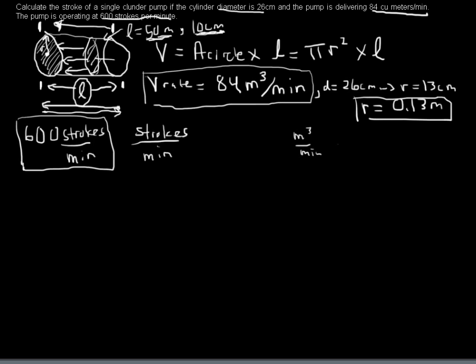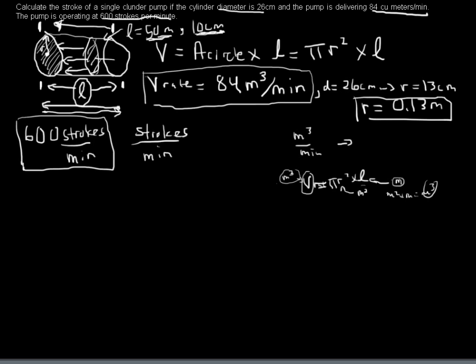So on the other side, we had volume equal to pi r squared times L. This is in units of meters cubed. The radius squared is meters squared, and let's say the stroke or the length was in meters. On the right side, meters squared times meters is meters cubed, so left side equals right side.